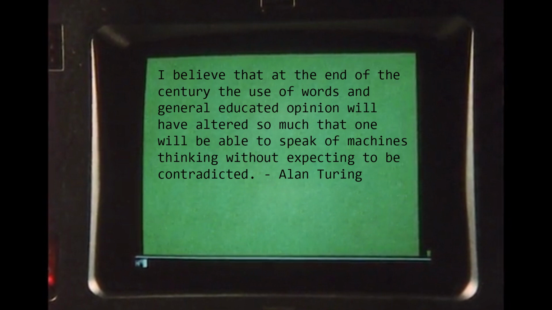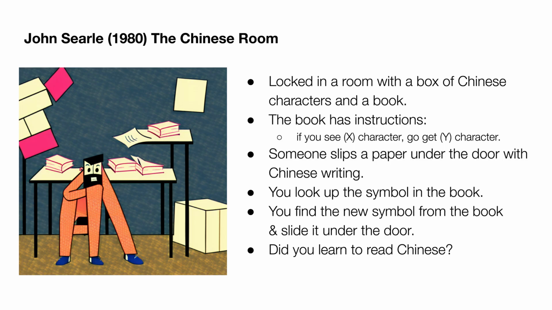A challenge to this proposal came in 1980 from philosopher John Searle in a paper called Minds, Brains, and Programs. Searle suggested a thought experiment. He imagined himself locked in a room with boxes of papers, and on those papers are Chinese characters that Searle can't read.